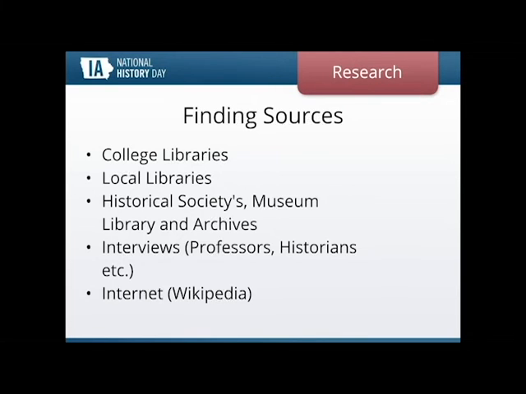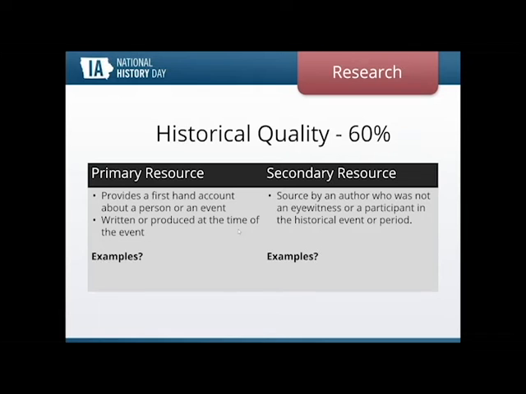that's perfectly fine. All right, so I want to go over primary and secondary sources so we all have a great understanding, when we're looking for resources, of what these two pieces mean. Primary resources provide a first-hand account about a person or an event. It's usually written or produced at the time of that event.